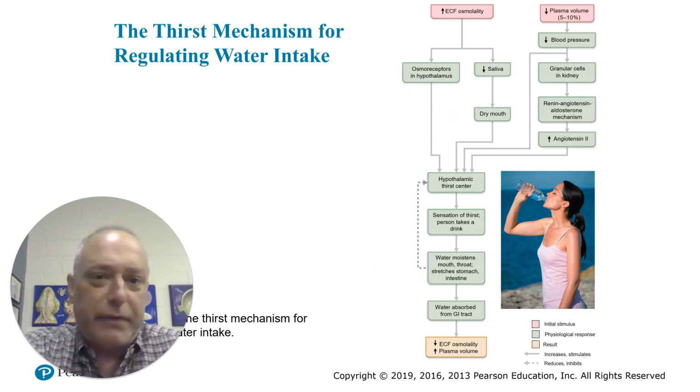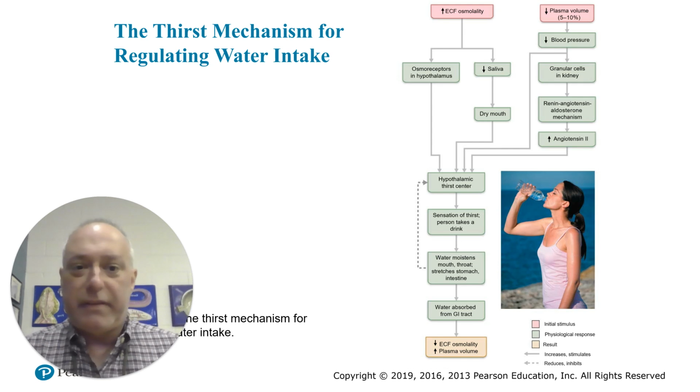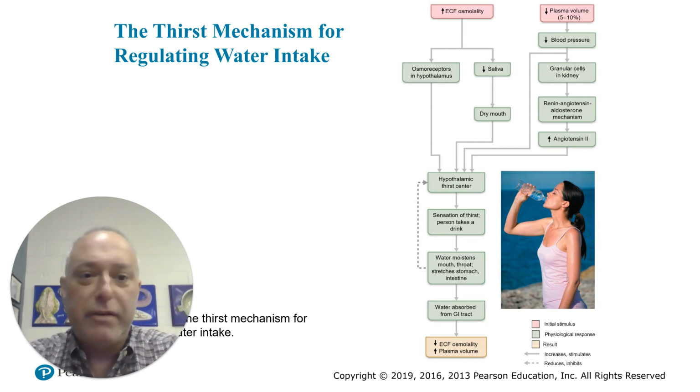Okay, let's look at thirst. So sodium in the extracellular compartment is very important. That's going to establish our osmolality. And there are receptors that will sense this salt concentration.